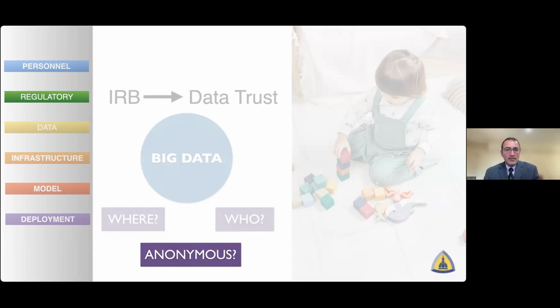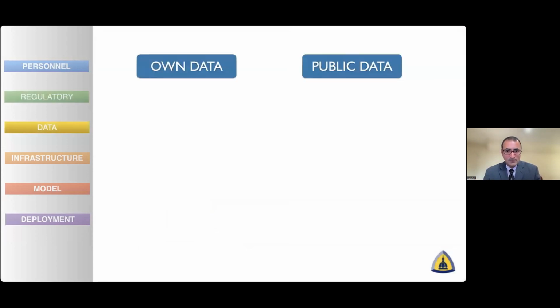So to me, this has been a discussion with the Data Trust and IRB saying that anonymization is not black and white. It's not whether it's anonymized or not, but it's an agreement on how much anonymity is sufficient for the project at hand, because nothing truly, I think, can be anonymized fully to the full extent.